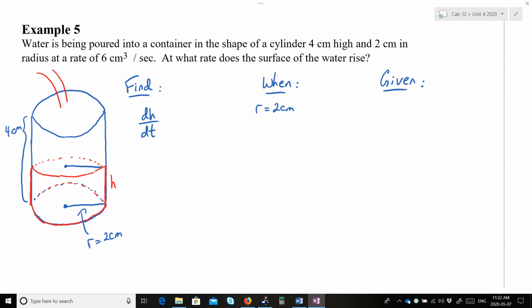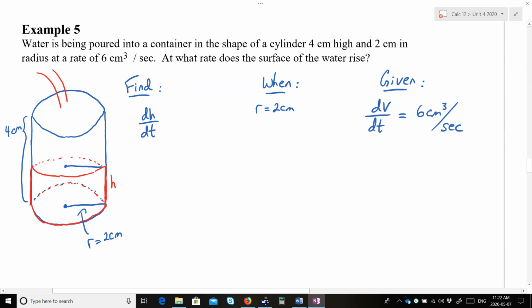Water is being poured at a rate of 6 centimeters cubed per second. So that's the change in volume with respect to time, 6 centimeters cubed per second.